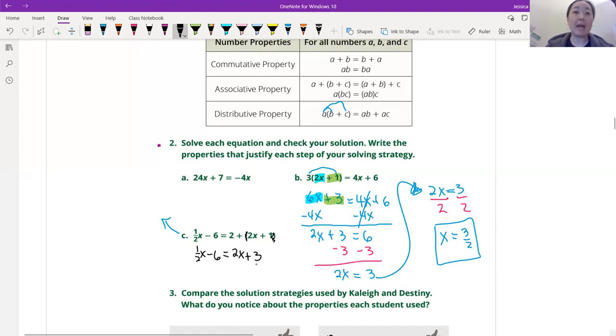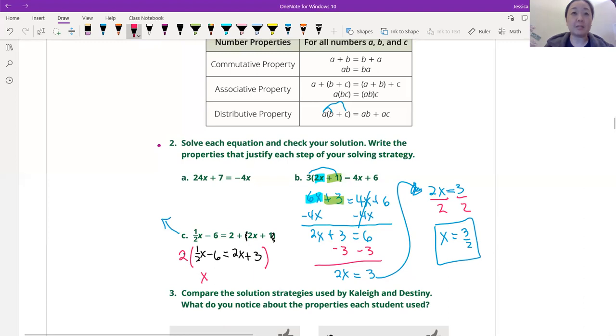So what I'm going to do now is get rid of this fraction. How do we do that? Let's multiply by what? The denominator. So we're going to just multiply everything. I'm being a little lazy here. I should technically do it for both sides, but I'm just saying everything. That's why everything's in the parentheses by 2. All right. So everything is multiplied out. So 2 times 1/2 is just 1.